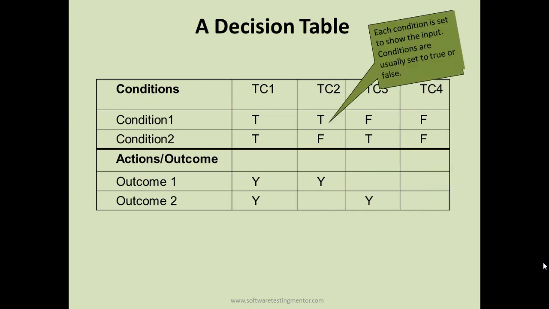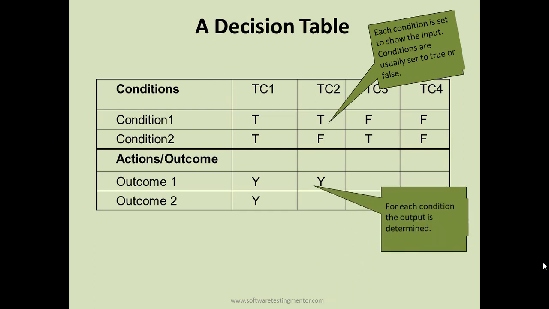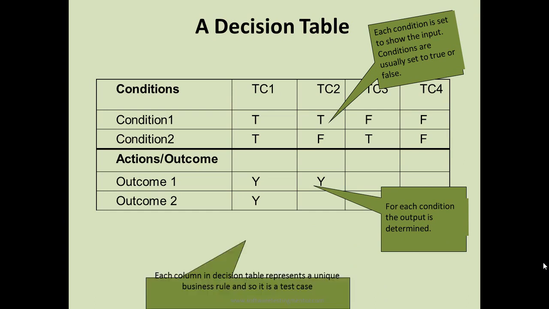Each condition is set to show the input condition and is usually set to true or false. So each condition can be either true or false, and then for each condition the output is determined. Based on different input for the conditions, the outcome or action is determined.